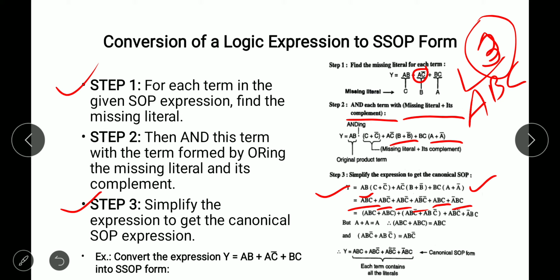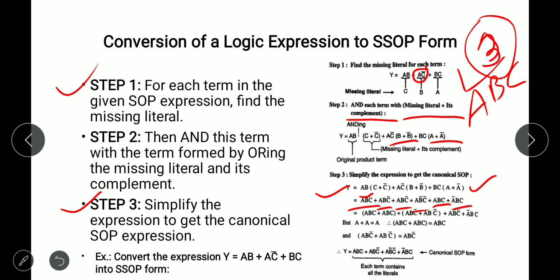If any term is repeated, then you write that term only one time, because a plus a is equal to a. If a is present twice, we write a: a plus a is a, and a dot a is also a. So ABC comes two times, so we write ABC one time.